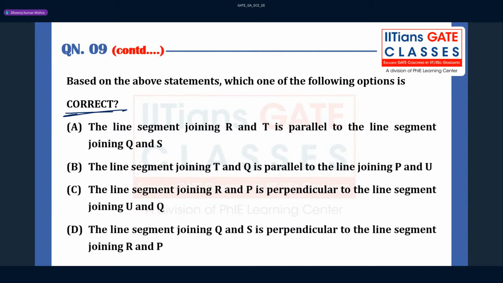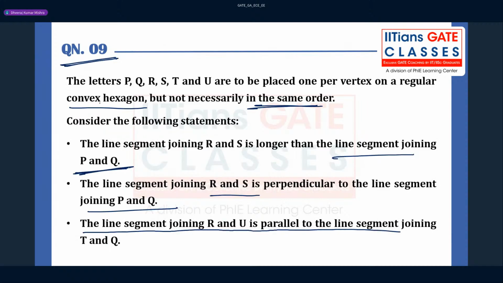So can somebody try this question and tell me the answer? It is nothing but a regular convex hexagon. Please try, so that you can just read the statement also, I can give you, right?